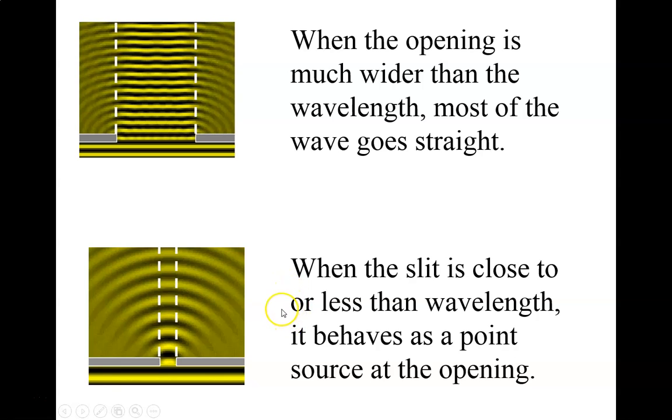All waves exhibit this behavior. The closer the slit is to the wavelength, the more it behaves like a point source at that opening. When it's a much wider opening, the diffraction effect isn't as noticeable.